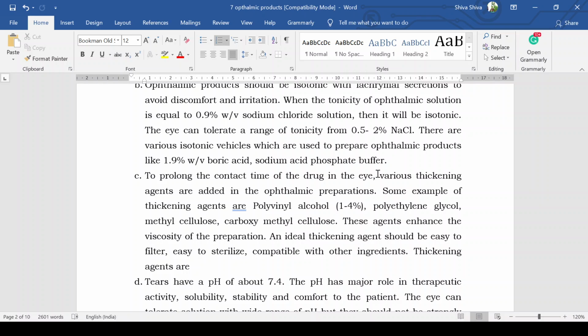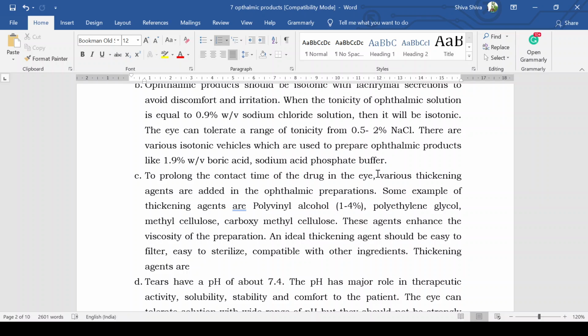With the blink of the eye, more and more product comes out of the eye, and as more product comes out, the pharmacological effect is not as much as we wanted. Hence we need to make changes to the formulation such that the product will remain in contact with the eye for more time.